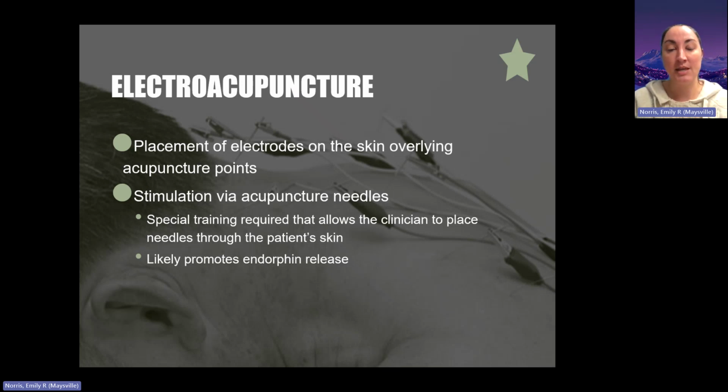Only PTs can. And so I wouldn't worry too much about the electroacupuncture because at this time PTAs cannot get certified in dry needling in order to do some type of a similar effect. But the effect it has is it promotes the endorphin release to decrease pain.